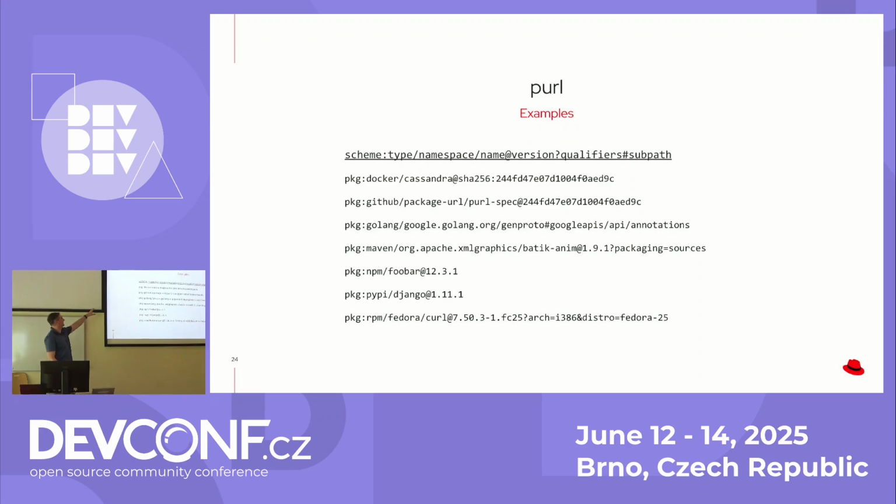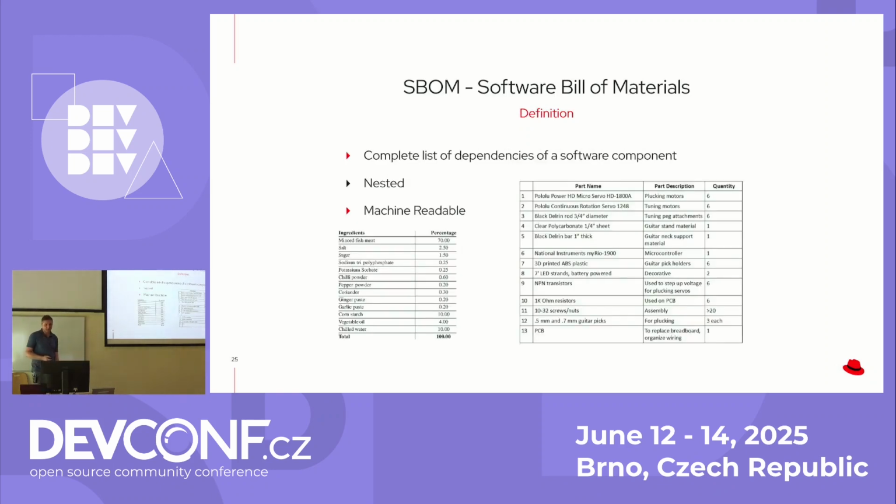As you can see, the type is basically the ecosystem, so you can have Maven artifacts or Golang artifacts or RPMs, or Docker containers, whatever. Behind it goes a namespace, the organization, right, and a name, similar to the structure of the GitHub repos that we have today. Then the version, and then an unlimited number of qualifiers, as we can have in HTTP or any other URL specification, right?